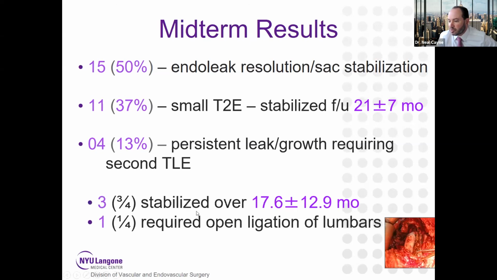Of these, 3 of the 4 stabilized over 18 plus or minus 12 months after a second translumbar embolization. One that had a second translumbar embolization continued to grow and ended up having an open ligation of the lumbar vessels.